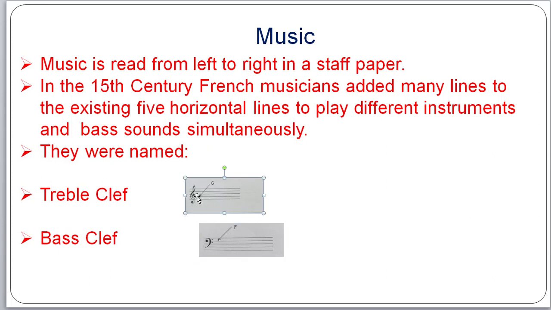It is like an inverted S, which starts from the second line, which is called G. The line is named as G. Hence, treble clef is also called a G clef. Coming to this bass clef, it is called F clef because it starts in the line F. It looks as if it is an inverted C.